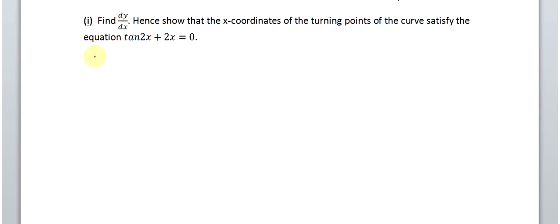So y is equal to x sine 2x, and on Core 3 we're expecting to see the chain rule, the product rule or the quotient rule.